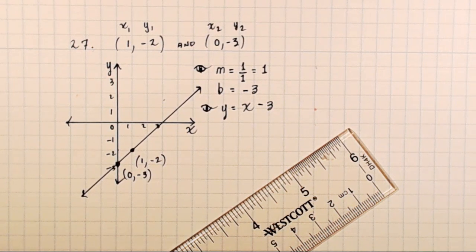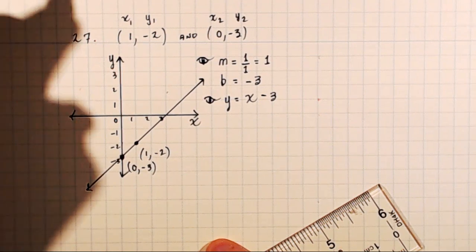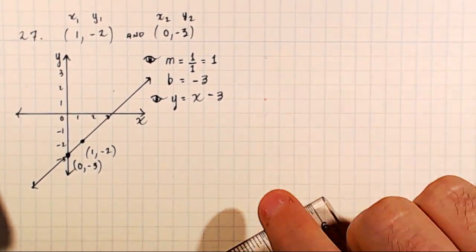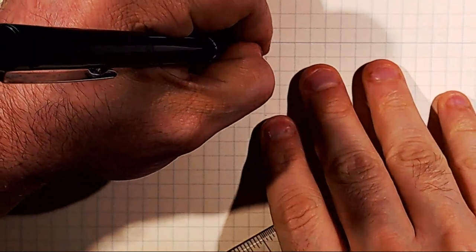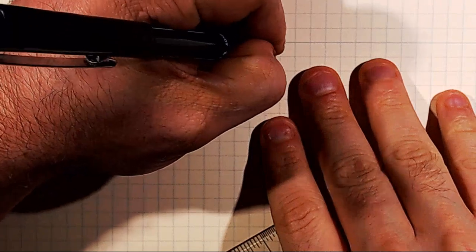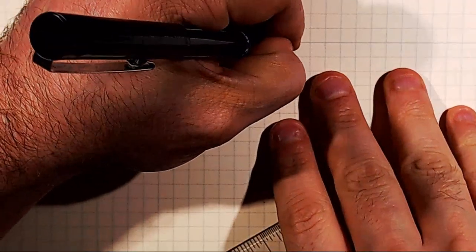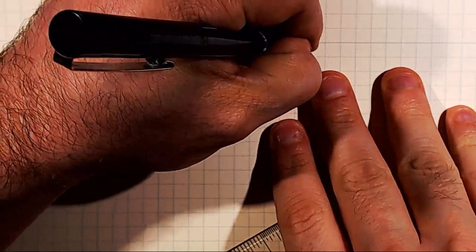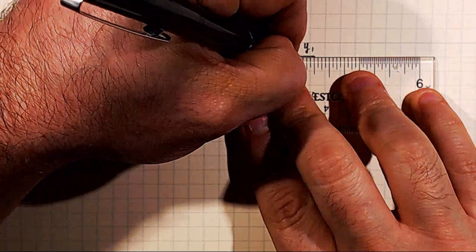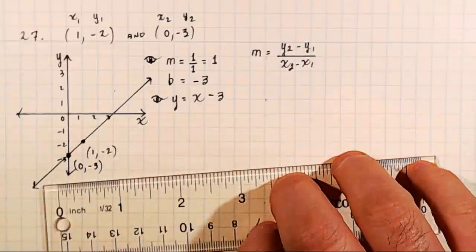So if you didn't know, or you couldn't graph, or the points were unclear, you could actually find the slope algebraically. So we'll find the slope algebraically over here. The way you find the slope algebraically is, I'll show a couple different ways. So the slope is equal to y2 minus y1 over x2 minus x1.